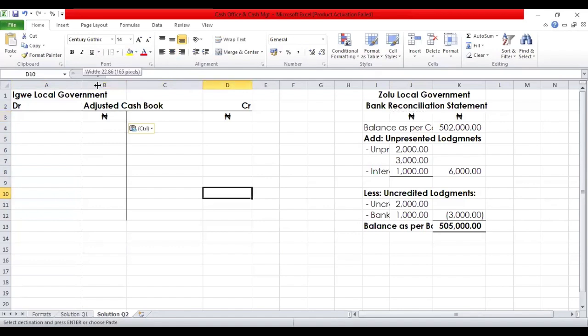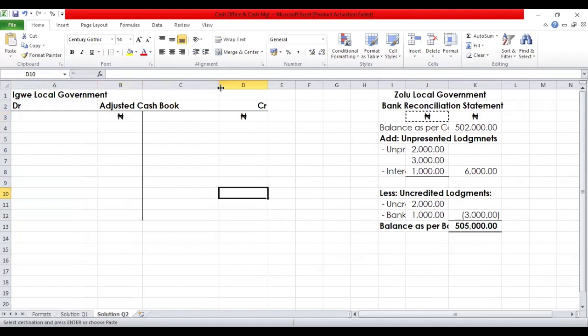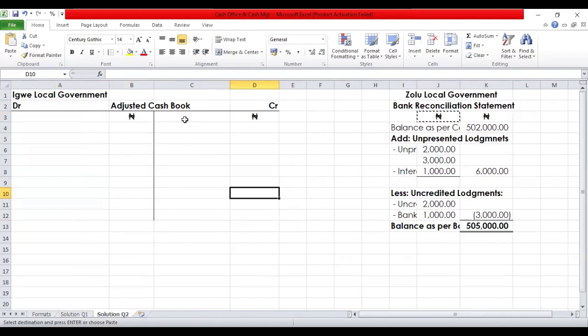Now, can we read the information? What does the cash book of Igwe local government have? The cash book of Igwe local government council has a credit balance of 21,000 on 30th June 2020. Credit balance, excess.